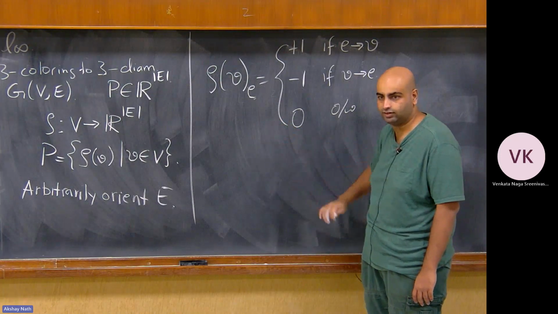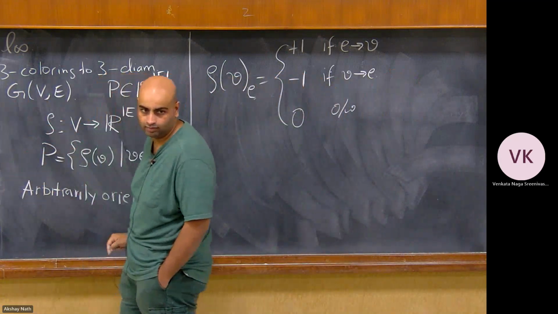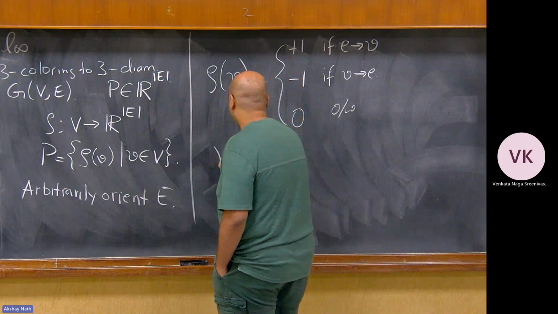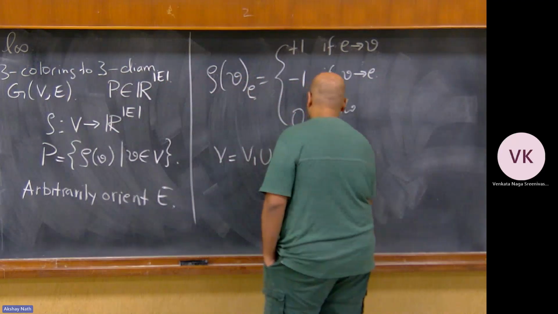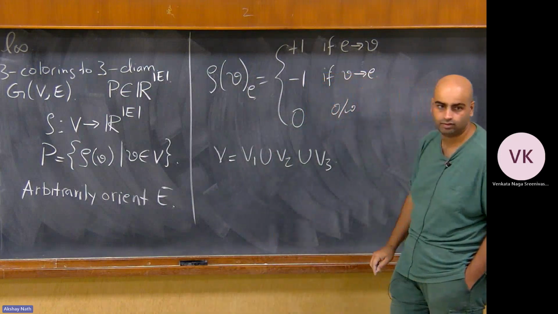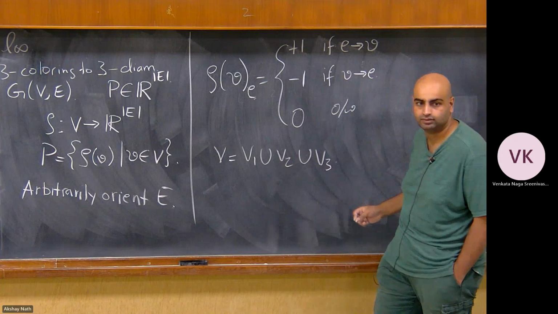So now we have to analyze this reduction. Suppose there was a 3 coloring. That means there's a partition of V into V1, V2, V3, such that each Vi is an independent set.